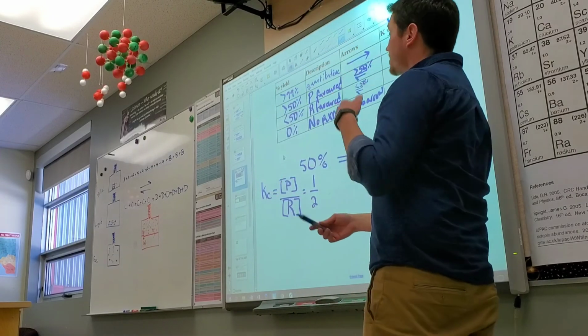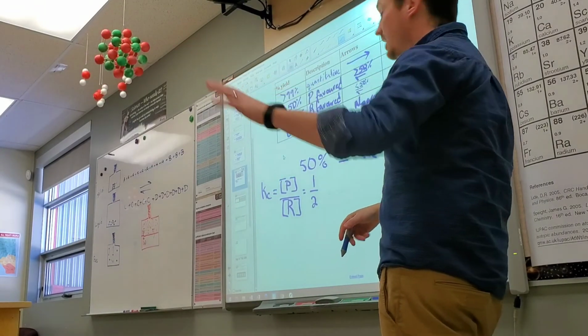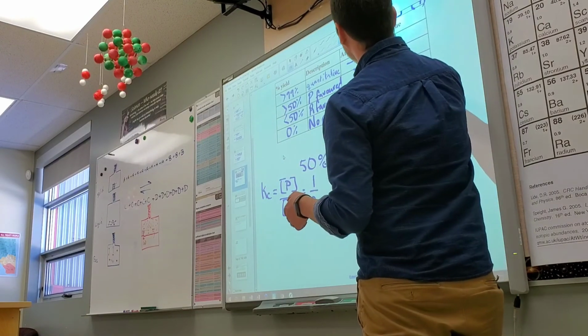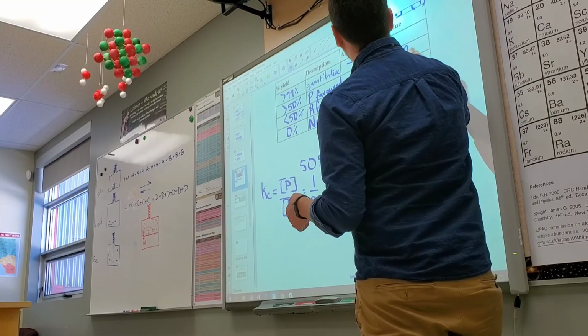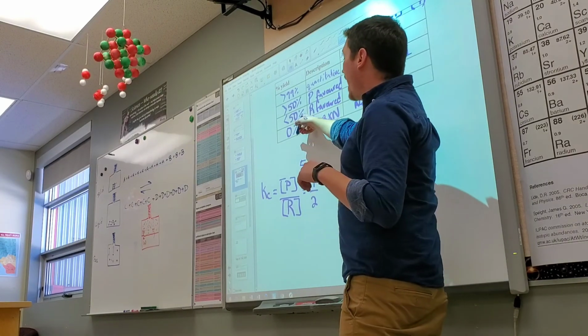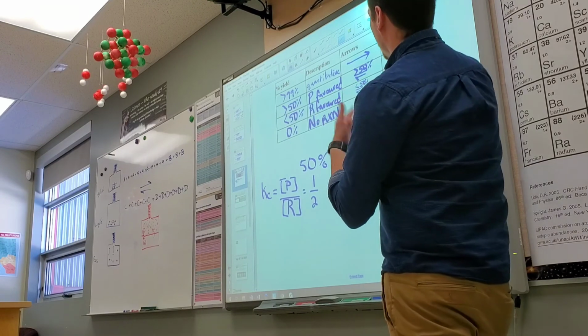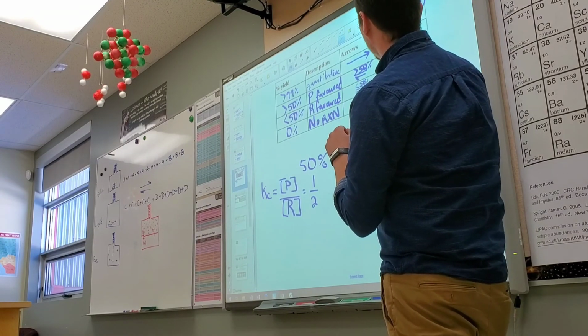So this is what we're saying. If the products are favored, you can tell using the Kc value, because the Kc value will be greater than 1. If the reaction favors the reactants, your Kc will be less than 1.